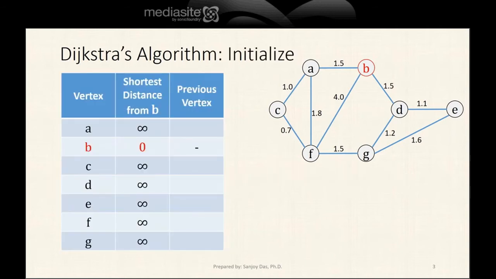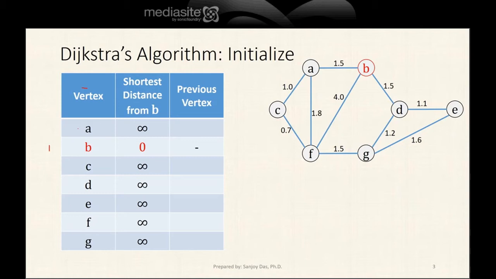So we do the initialization first. Since I am going to start with B, I have colored B in this table red. So I have this table and the row corresponding to B is red. I have three columns in this table. The first column is a list of all the vertices in the graph.